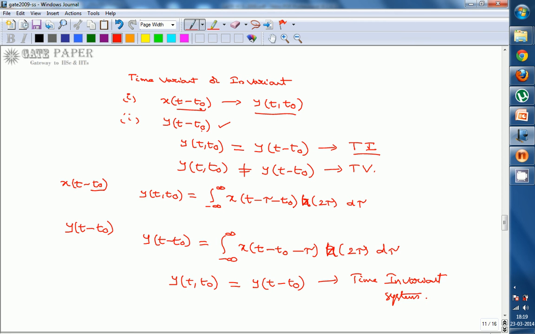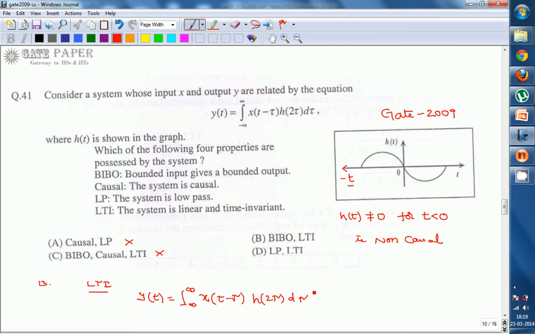Then we can say either B or D may be correct. Now verifying the BIBO condition, that is, for bounded input we need to get bounded output.